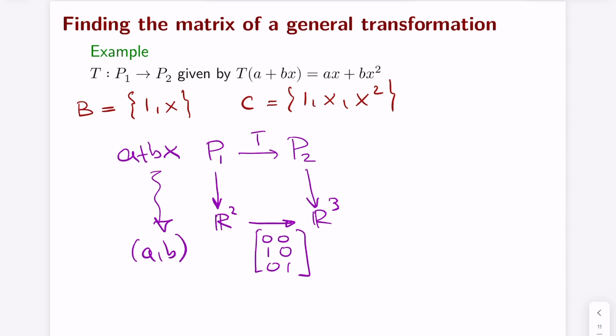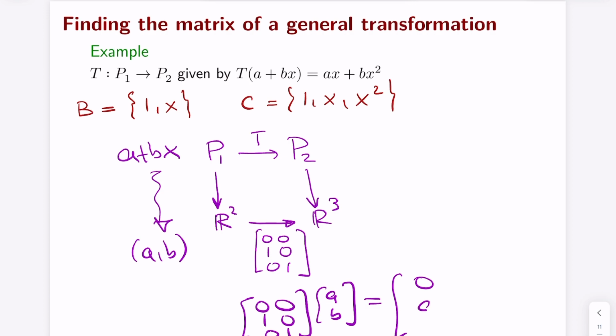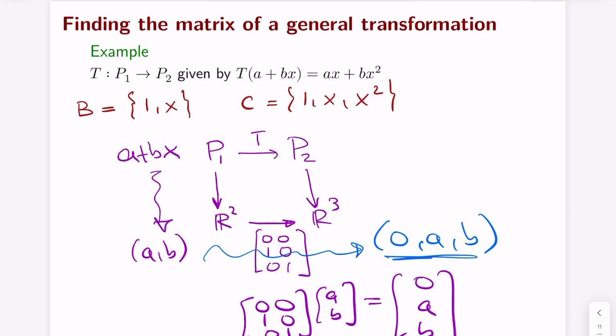And now, if we multiply by this matrix, as we did before, this multiplied by ab, we obtain the vector 0, a, b. So we obtain here the vector 0, a, b in the base C, but these are the coordinates.